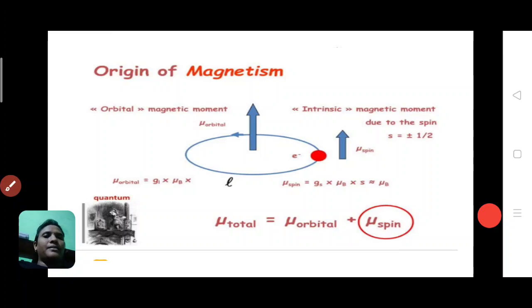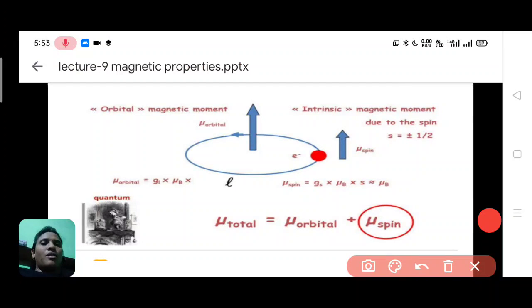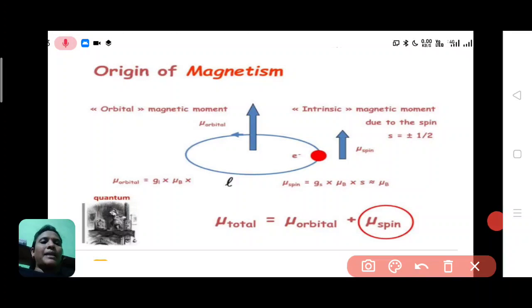Now next, the origin of moment. In this picture we can see how the magnetic moment arises in any atom. So orbital magnetic moment: this is the electron revolving around the nucleus.